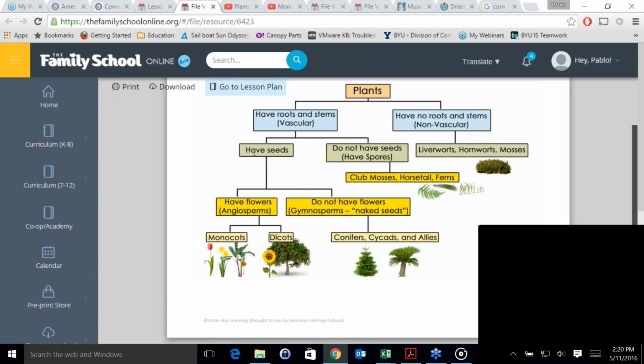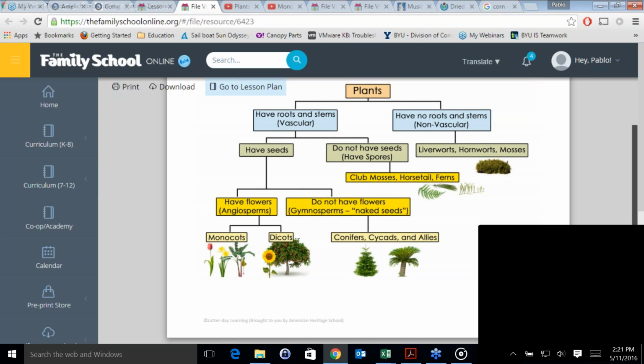Then of those who have seeds, we look at the ones with no flowers, the gymnosperms, the conifers and cycads being the main examples. And then we were looking more closely at the angiosperms, and the angiosperms are the ones that can be divided into monocots and dicots.